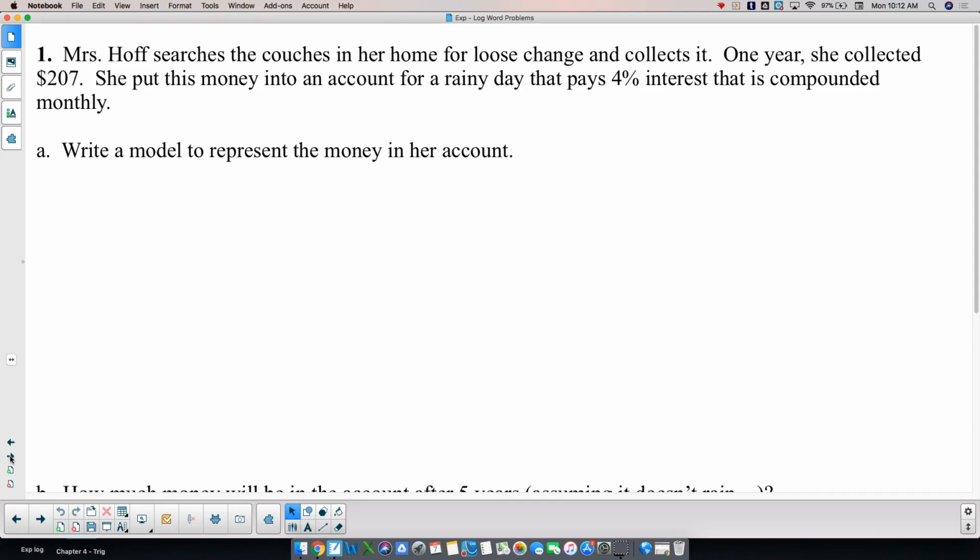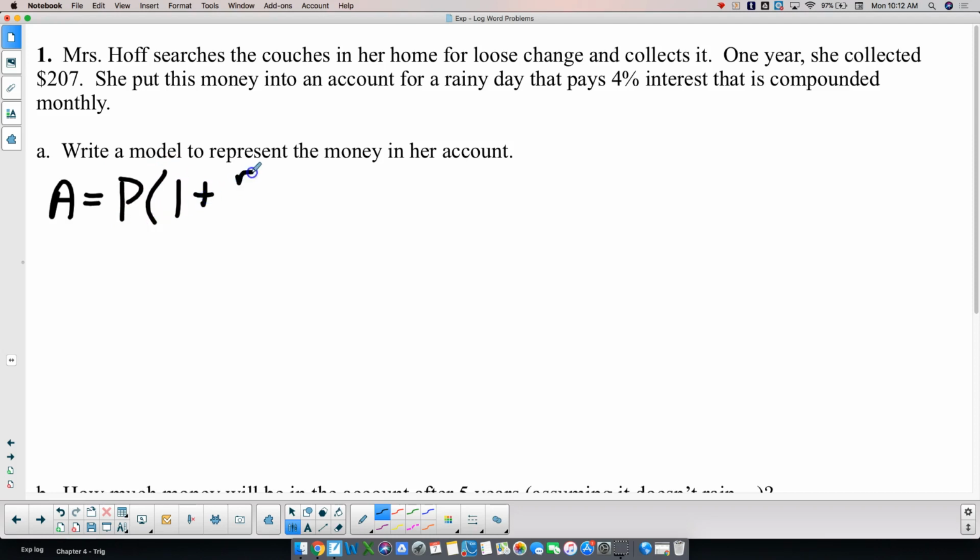Okay? When we're talking about compounding something, we have a very specific model. And that is A equals P times (1 plus R divided by N) to the NT power.